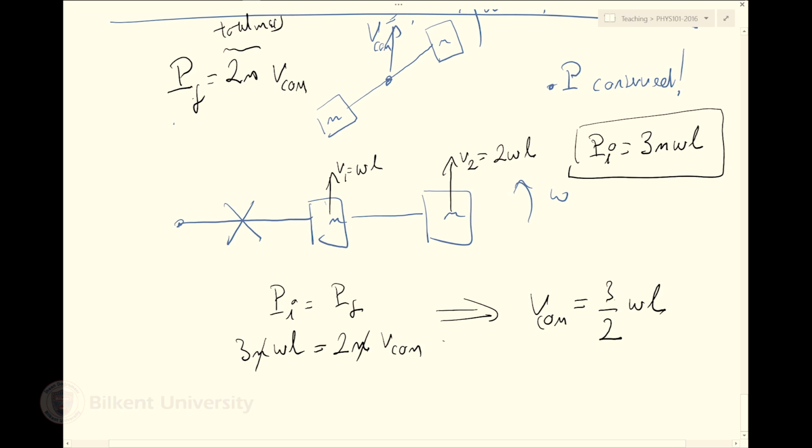Now, how about energy? Do you think energy of the system will be conserved once I cut the rope? This is on a frictionless table, right? These two things are tied to each other, but otherwise not interacting. So I would expect energy of the system to be conserved.